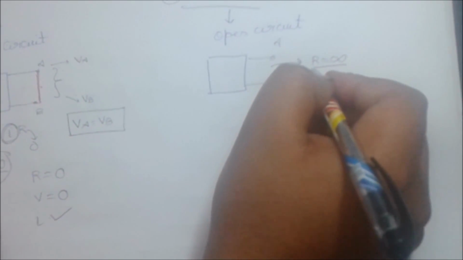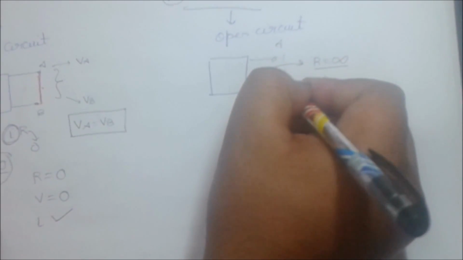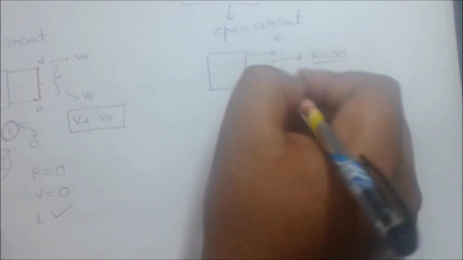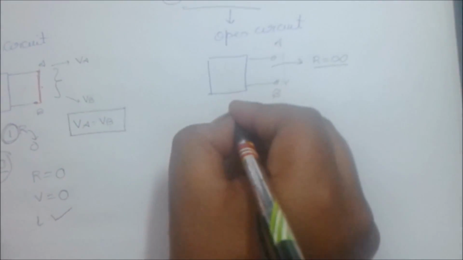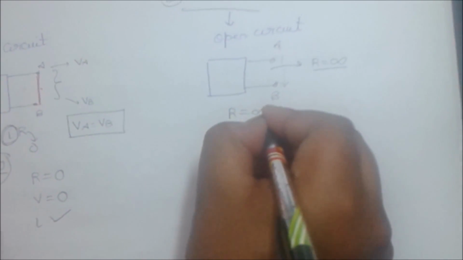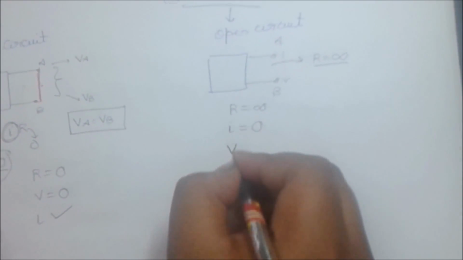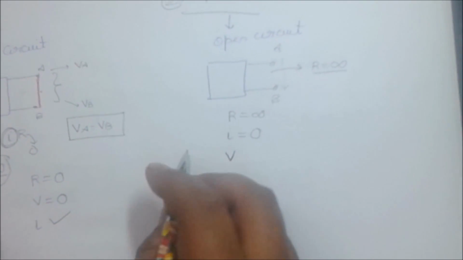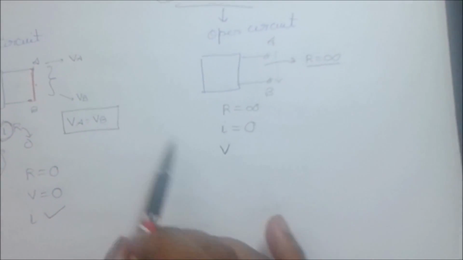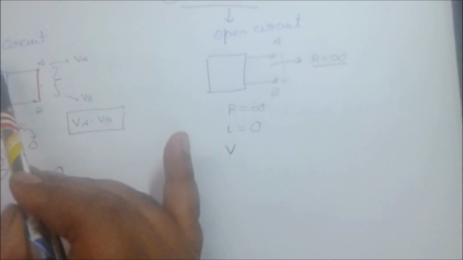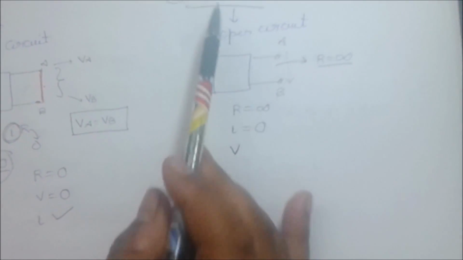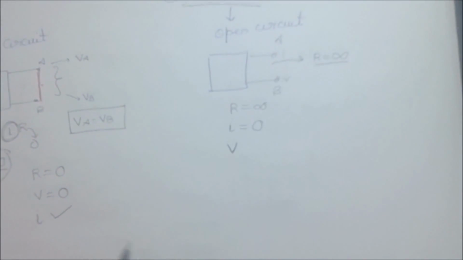There is so much resistance that there can be no current between these two terminals. So in an open circuit, resistance is infinity, current is 0, and there will be some voltage which we can find out by applying other laws. So resistance 0 means short circuit, resistance infinity means open circuit.